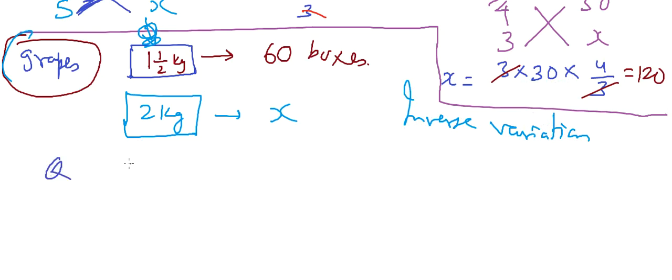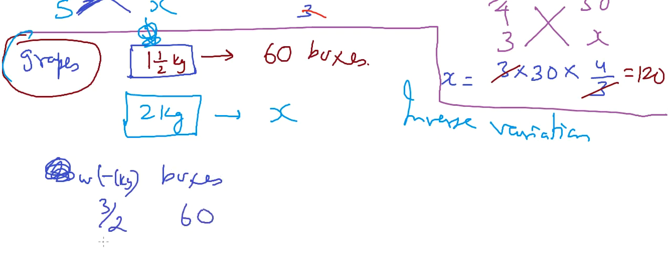Okay, see here again, the weight of each box and the number of boxes. So weight in kg, say 1.5 kg is 3/2 kg, 60 boxes; 2 kg, how many boxes?